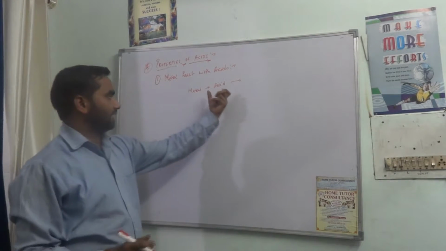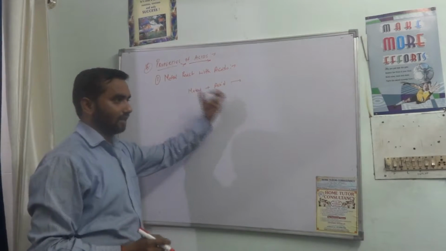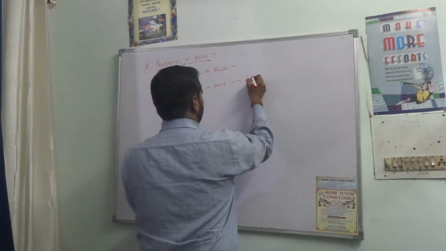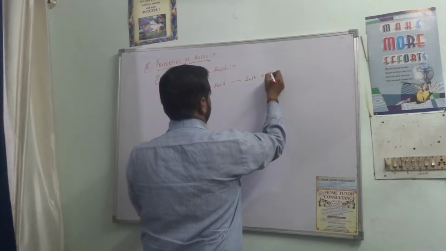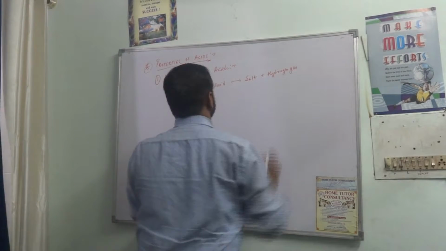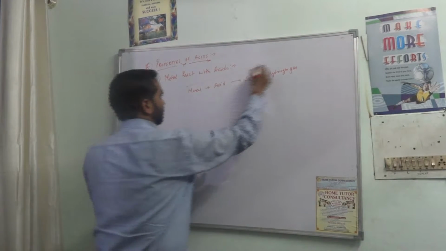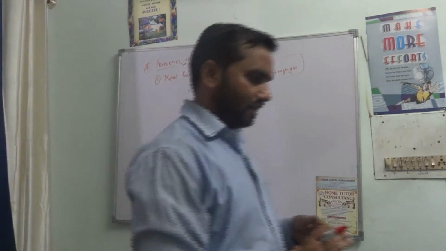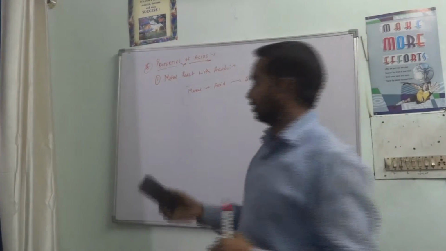When a metal combines with acid, it displaces the hydrogen to form a salt. This is the basic formula for how acid reacts with metal to form salts.